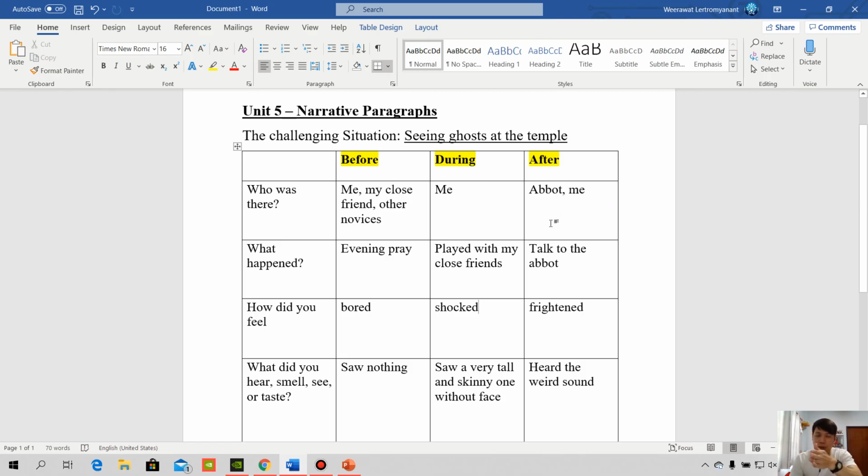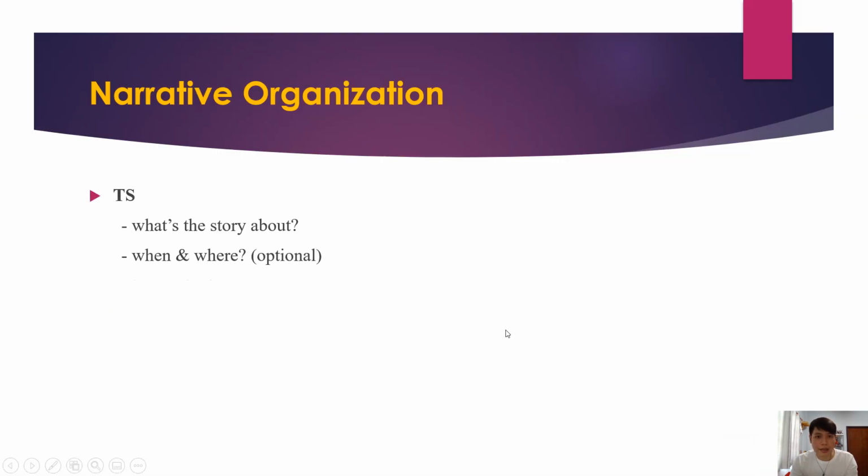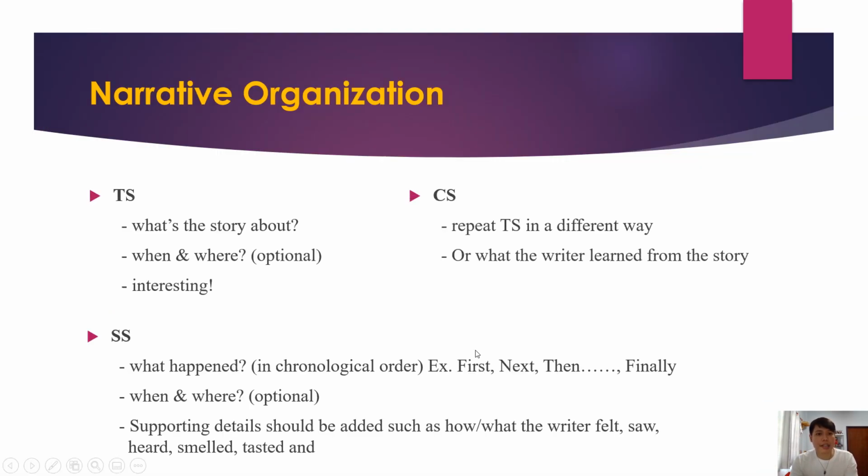You arrange it: before you see the ghost, during you see the ghost, and after that. In this kind of thing you can add transitional words: first, next, then, after that, later. Supporting details should be added, such as how the writer felt, what they saw, heard, smelled, tasted.